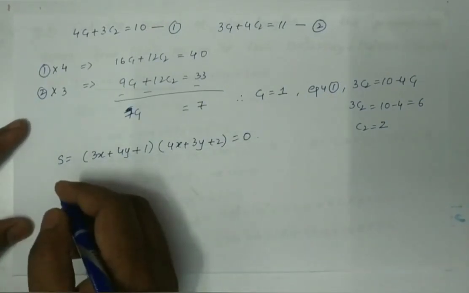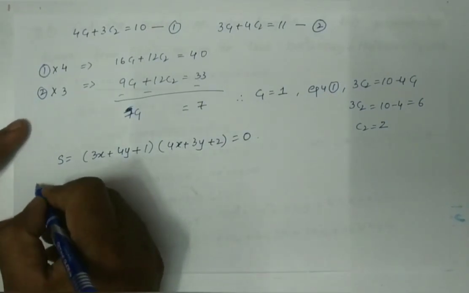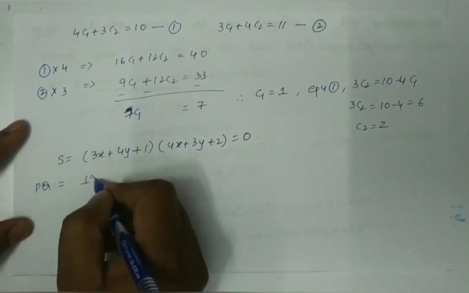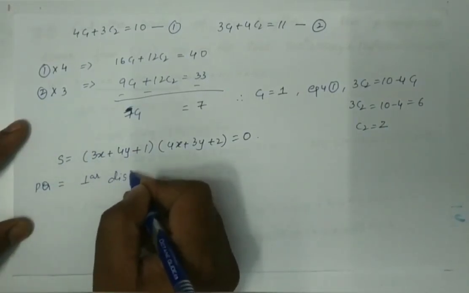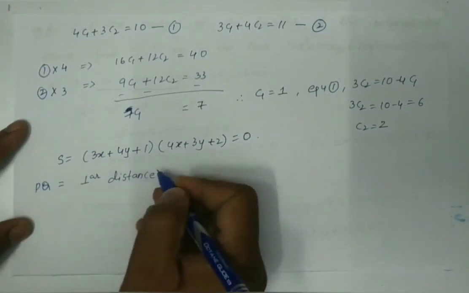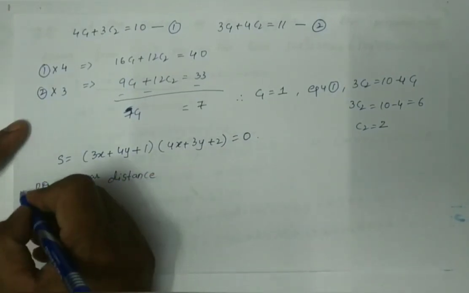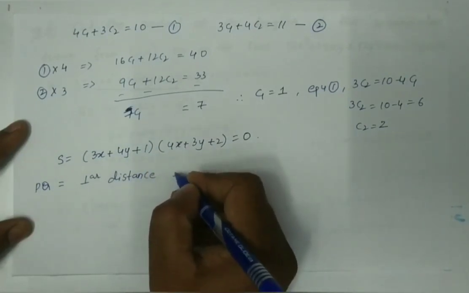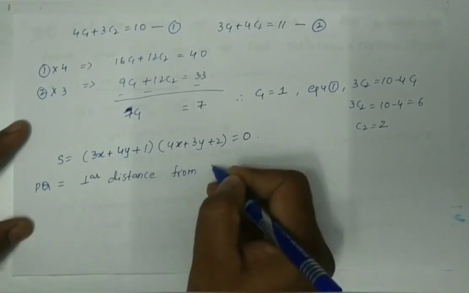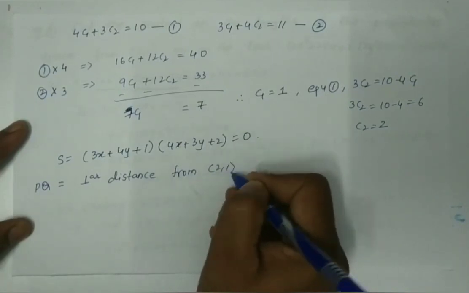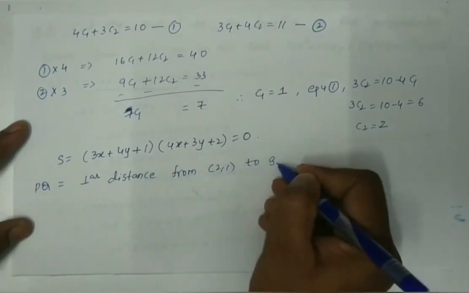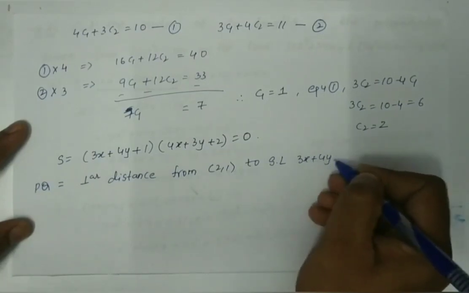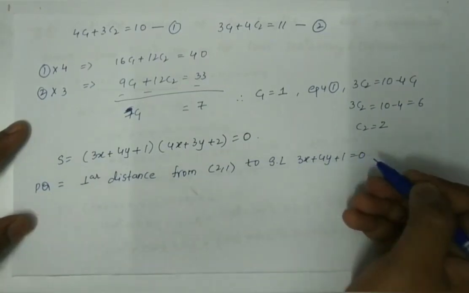Okay, suppose PQ is the perpendicular distance, or D1 is the perpendicular distance from the point (2, 1) to the straight line 3x + 4y + 1 = 0.